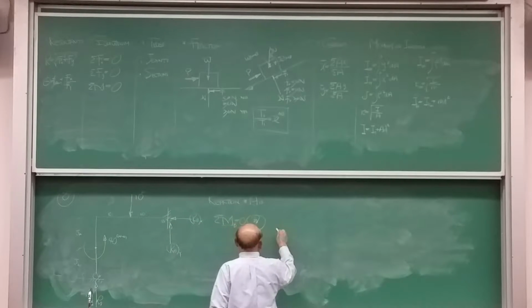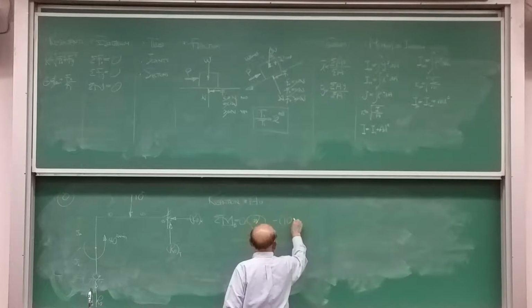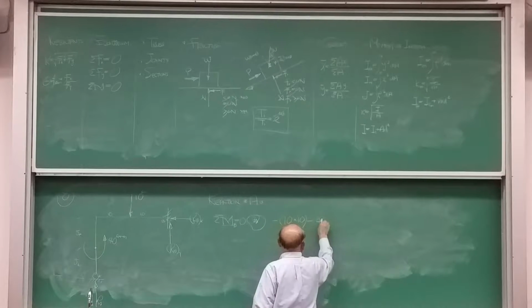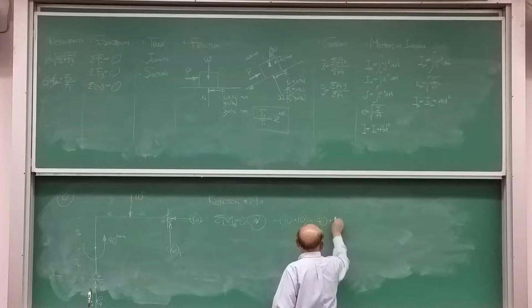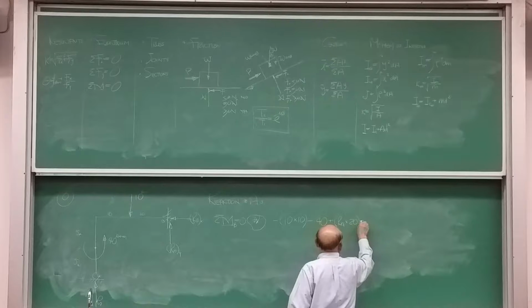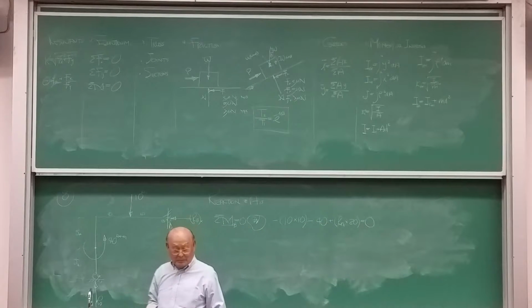So there will be minus 10 times 10 minus 40, just moment, and plus R sub A times 20 is equal to 0. That's all there is to it.